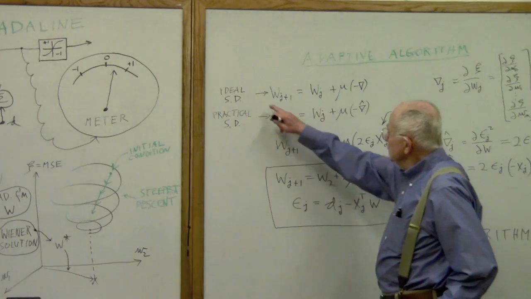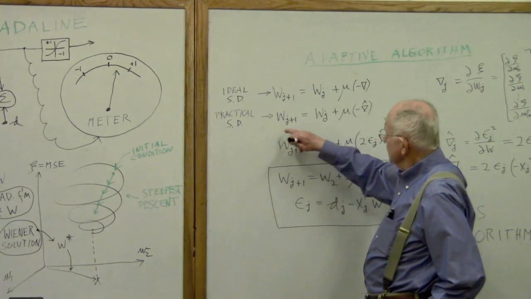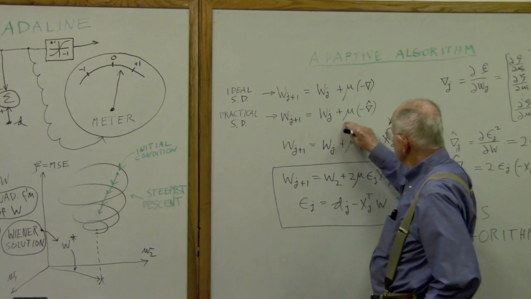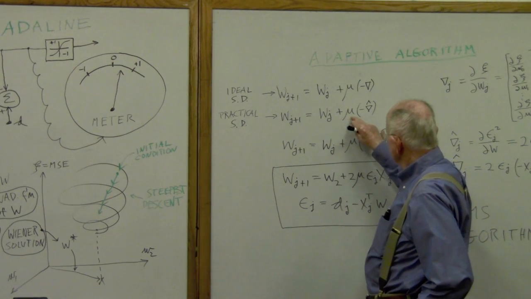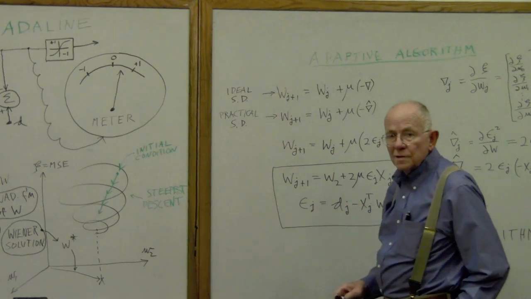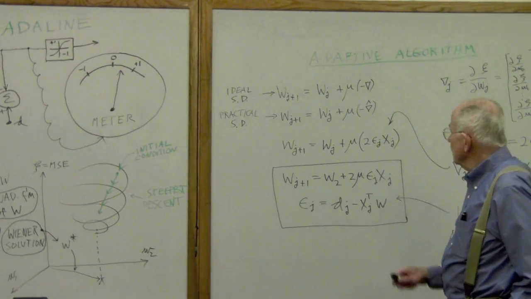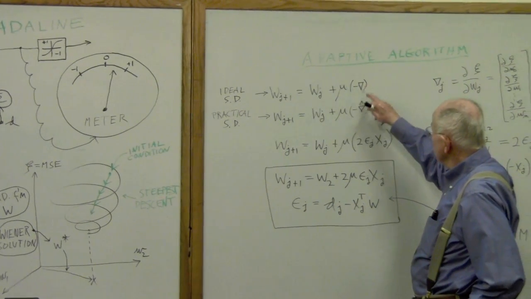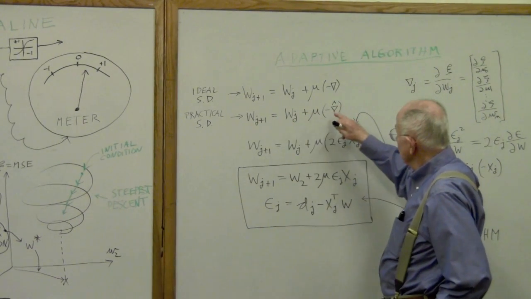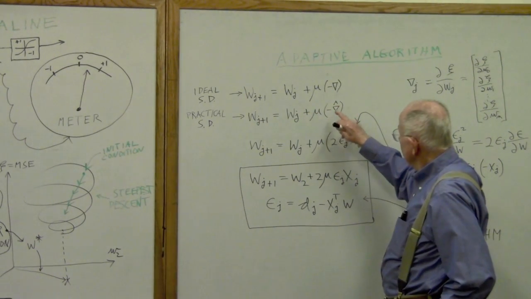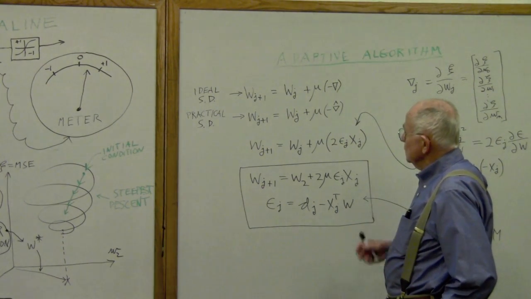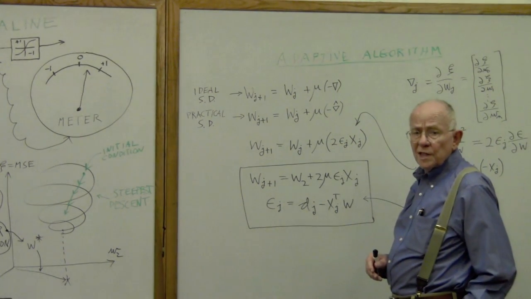So this is ideal. A practical steepest descent says next weight vector equals the present weight vector plus the change, and the change is mu times the negative of the gradient estimate. We put a hat on top of the symbol for gradient, and that's now the gradient estimate. That's what we deal with physically, because that's all we're ever going to have in practice.